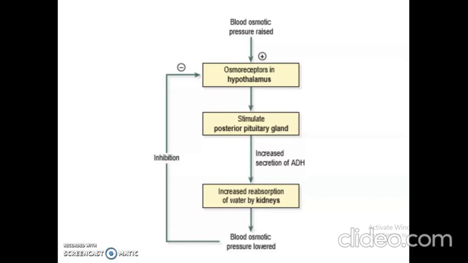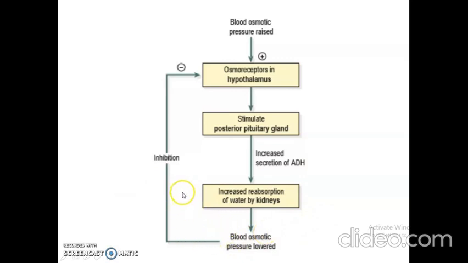So the net effect of this is a decrease in the urine volume. Ultimately, because of the increased reabsorption of water, that leads to normalization of blood volume, that is, normalization of the water level in the blood. So that ultimately leads to normalization of the osmotic pressure.